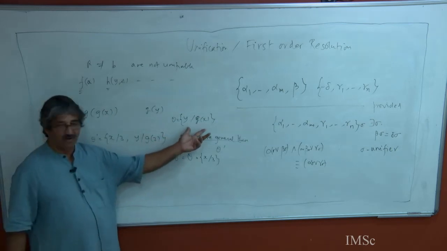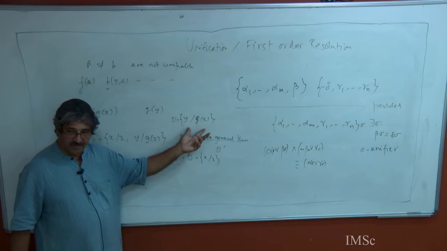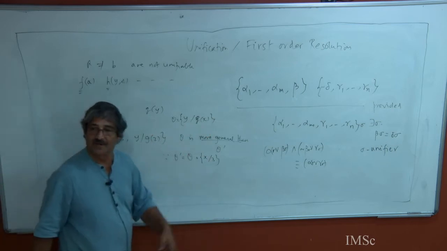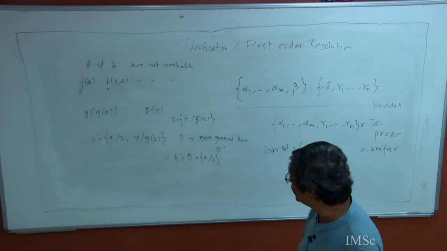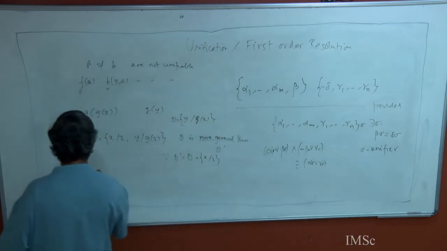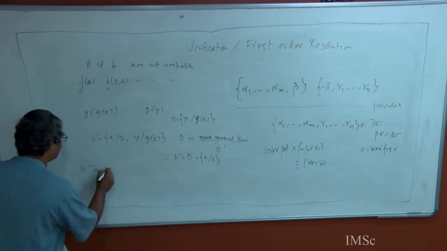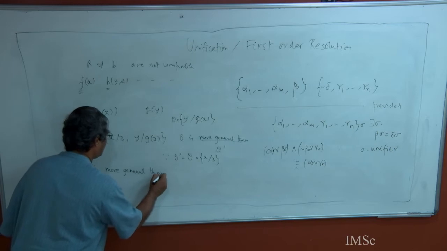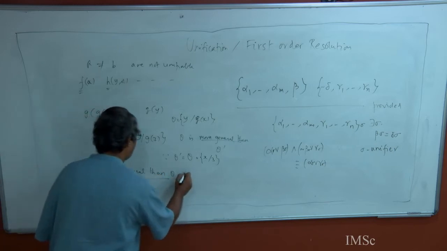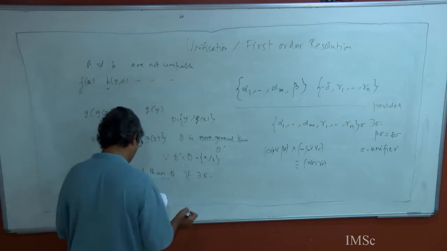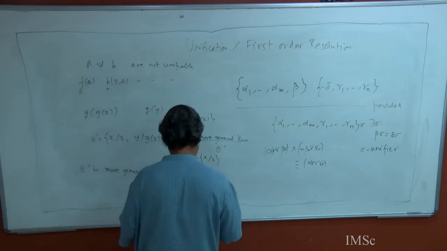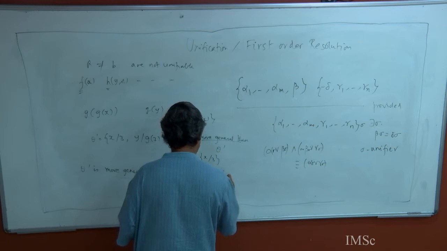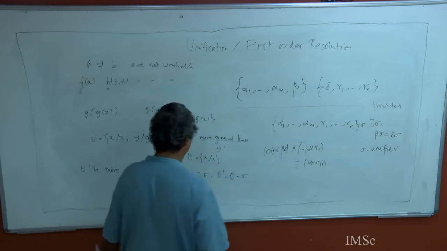You take y substituted by g of x, and in that instance g of x you substitute x by 3. So, in general, theta is more general than theta prime if there exists some substitution sigma such that theta prime equals theta composed with sigma.